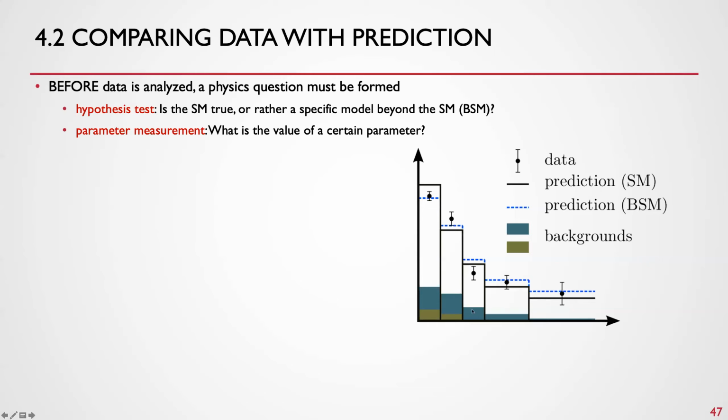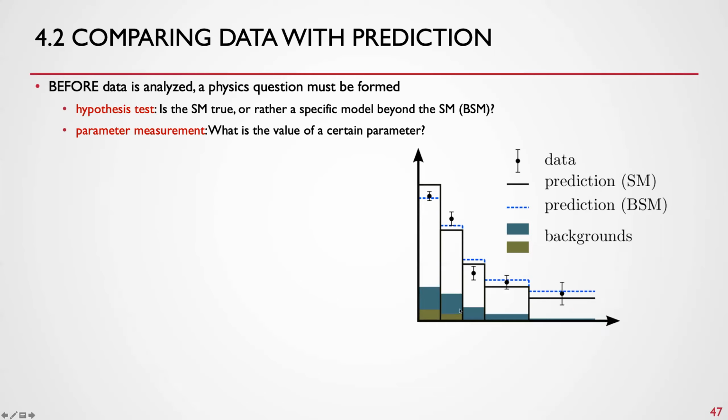There are backgrounds I show in color here that are processes that enter the selection for various reasons and must be estimated, but are not the target of the analysis. And then, that need not be the case, but it can be, there's an alternative prediction according to a beyond the standard model hypothesis. So many of the tests of the standard model are formulated in this way.